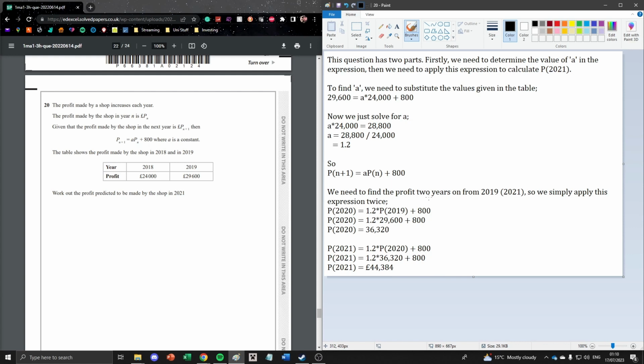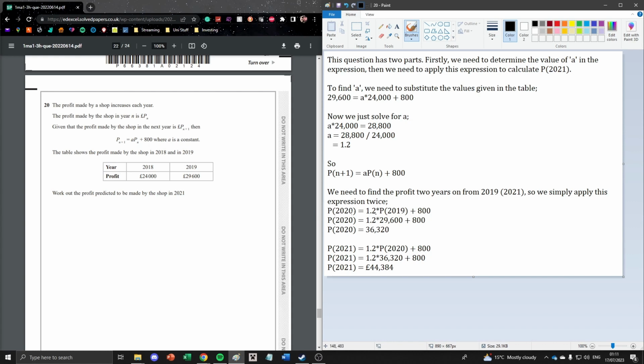So now we want to use this formula to extrapolate to 2021. So we're going to have to use it twice. Once to get the 2020 profit and once to get the 2021 profit from the 2020 profit. So first of all, the profit in 2020 is equal to 1.2 times profit in 2019 plus 800.